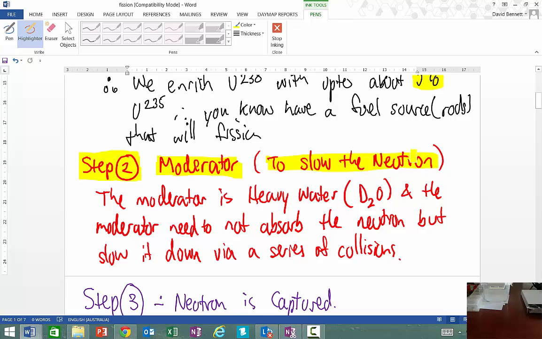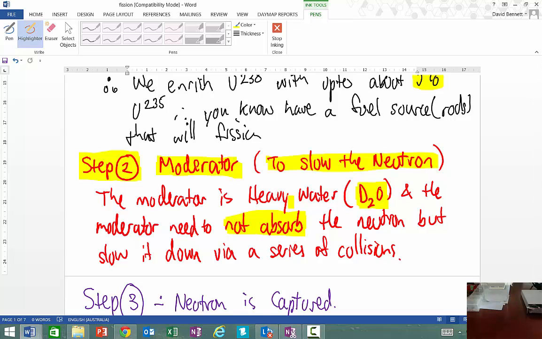The typical sort of moderator we might use is deuterium water, heavy water. Instead of using hydrogen, we use an isotope of hydrogen, deuterium, and we make heavy water out of that. The moderator cannot absorb the neutron, we don't want that to happen. We want it to slow the neutron down via a series of collisions.